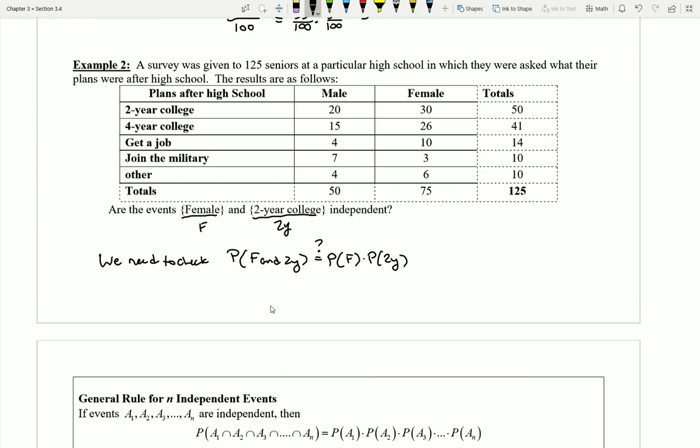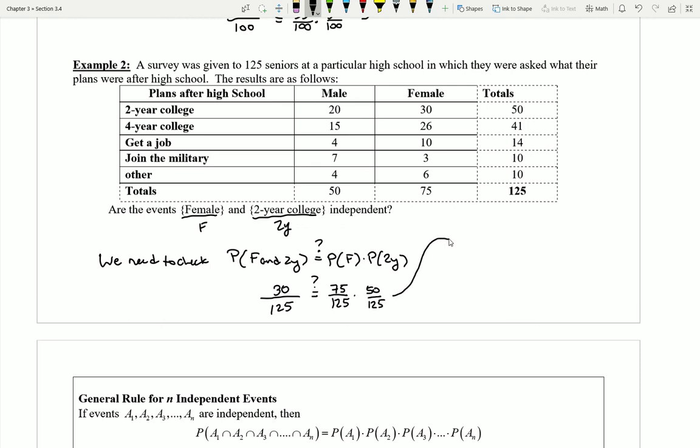Okay, well here's what I came up with. I can easily see here that I'm selecting out of 125 students. So the chances that I get someone that's female and going to a 2-year college, there are 30 of those individuals. So 30 out of 125. Now, on the other side, the probability that I select a female, well that's 75 out of 125. And 2-year college, that's 50 people out of 125.